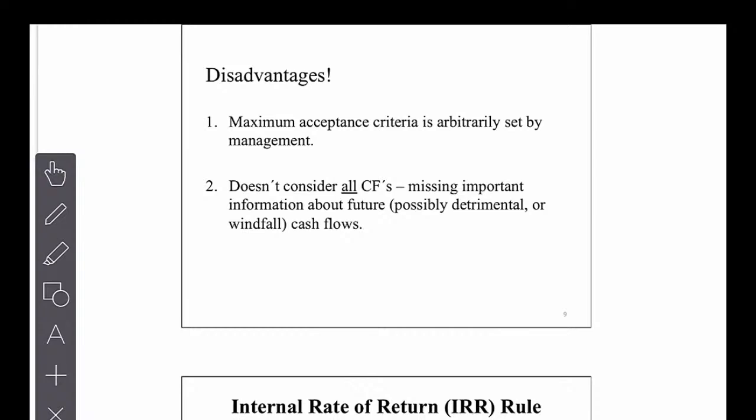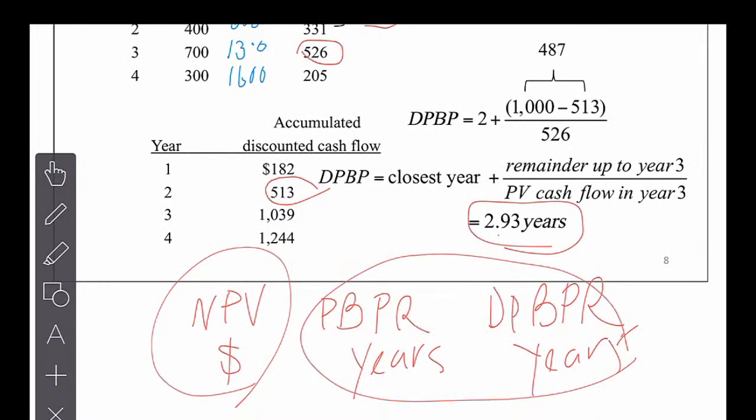If you're stuck with the discounted payback period, you can't really convince them that maybe this is worthwhile, because after the 4th year, you make this much money, and it's pretty much guaranteed. If you're looking at the payback period and the discounted payback period, they don't care about future cash flows.